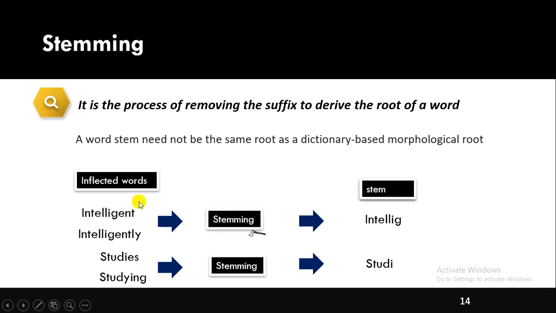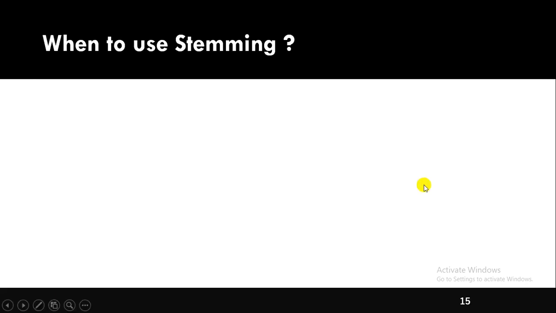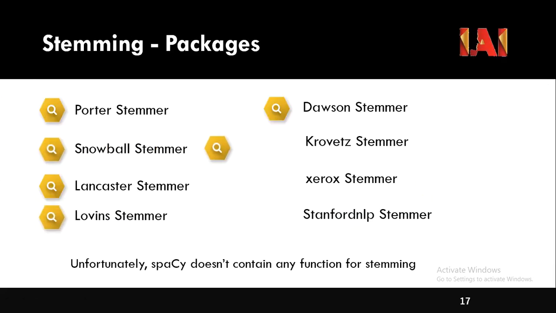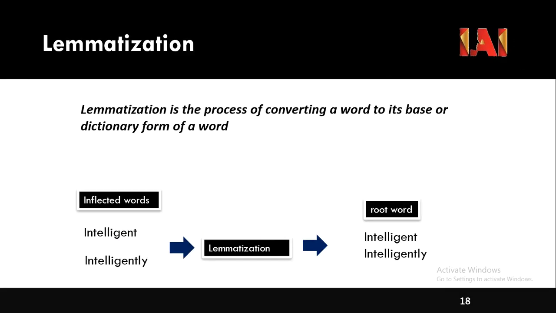It simply chops off the suffixes. The difference between stemming and lemmatization, now we have understood. The root word or the lemma of lemmatization is more precise than stemming.